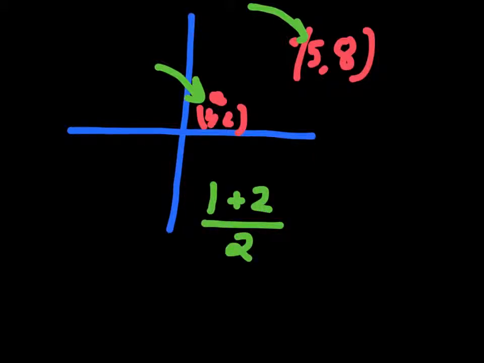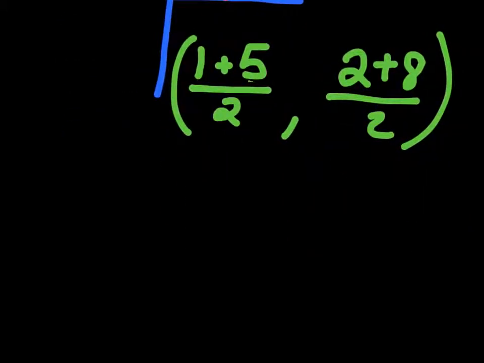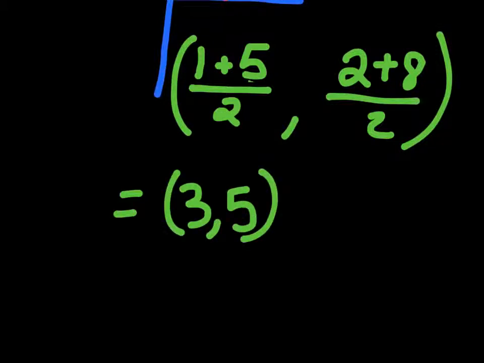Then divide by 2. Let me clean that up a little. 1 plus 5 over 2, comma, then we add the y values, 2 plus 8 over 2. And when we solve this out, we get 3, comma, 5. And that is how we find the midpoint of two given points.